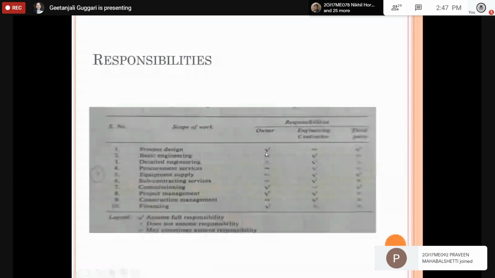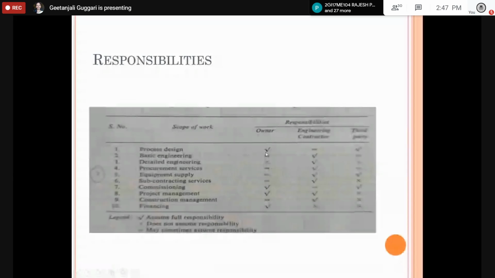And the third party, you are also taking the help of a third party for finalizing the process design, depending on whether you are assigning the work to the third party, whether you want to give the responsibility or not. But in this case, they have given the third party also the total responsibility. That means owner and the third party.